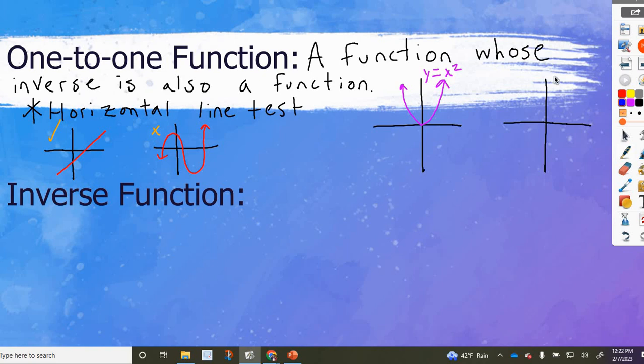A square root. So what does the graph of a square root look like? Kind of, yeah. So it starts at our origin and then just goes sideways. Is that a function? Does that pass my vertical line test? Yeah, which doesn't make much sense.